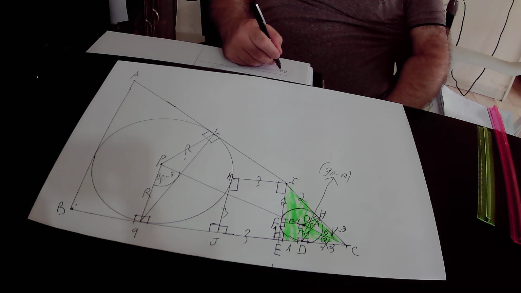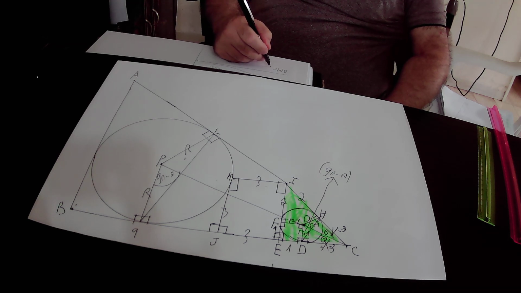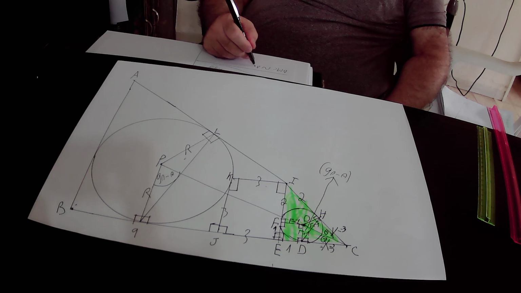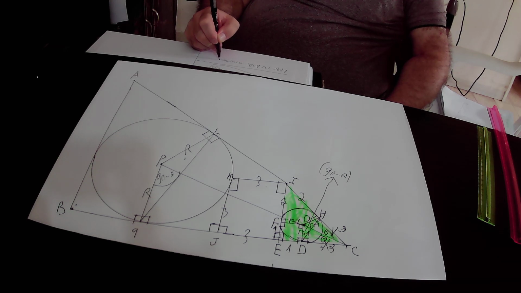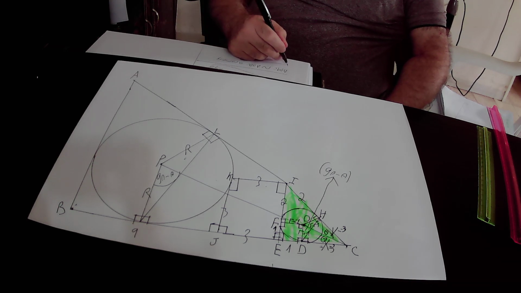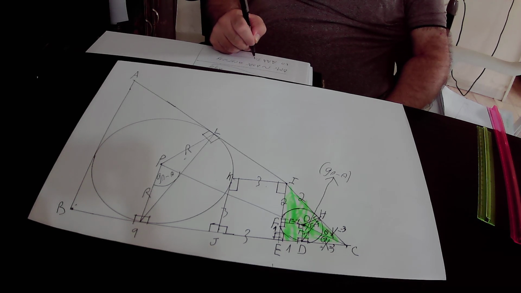The big right triangle PQC is similar to the small right triangle ODC according to angle similarity rule.